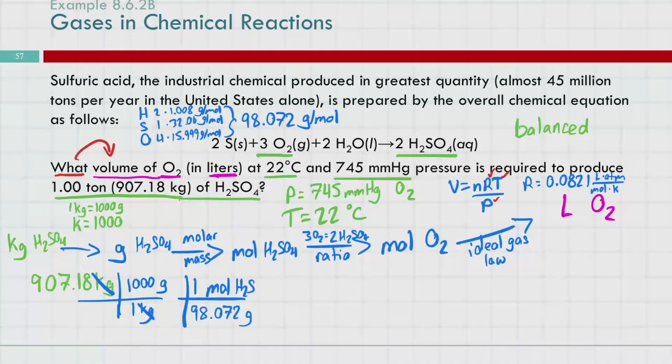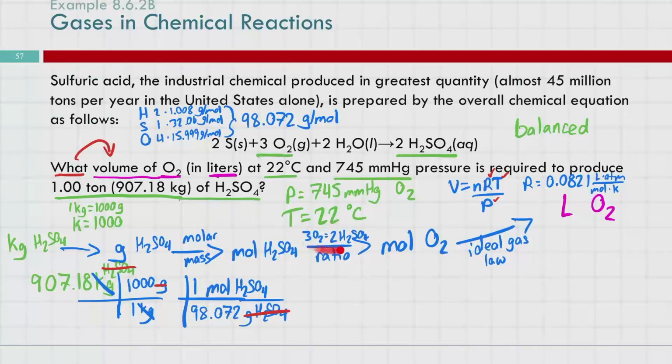And we'll add in the chemical labels for both of these as well, since I know some people like that. Okay, so our H2SO4, our grams cancel out. And now we're in moles of sulfuric acid, moles H2SO4.